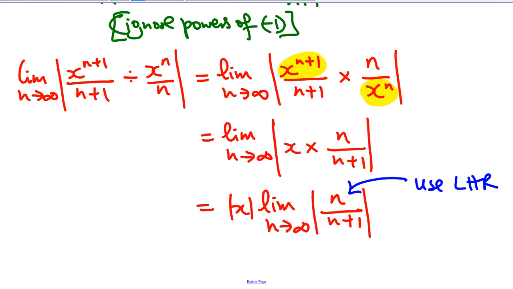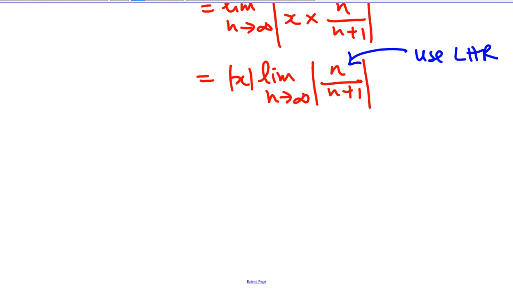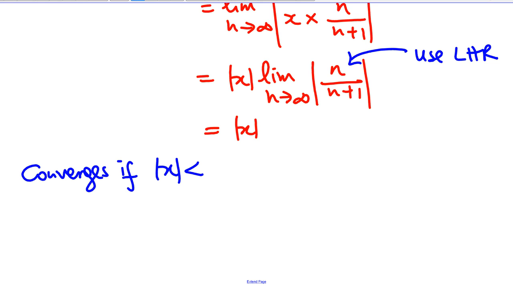So this will actually be equal to the absolute value of x. But we know that for convergence this should be less than 1, right? It converges if this is less than 1, which means that our interval of convergence is between -1 and 1.